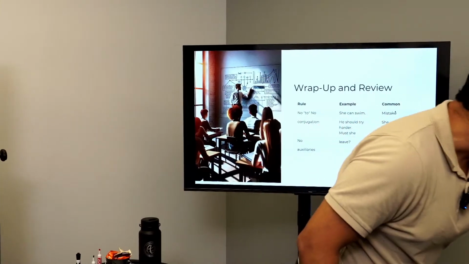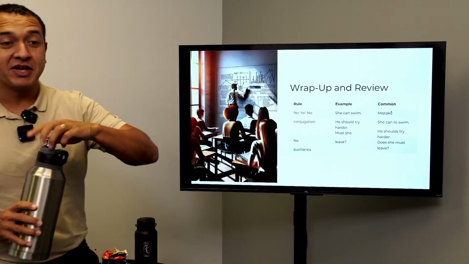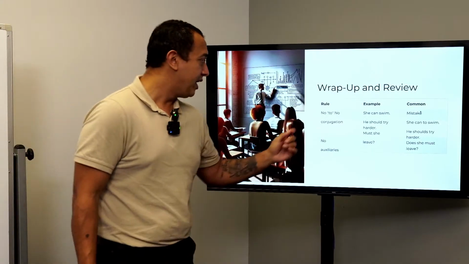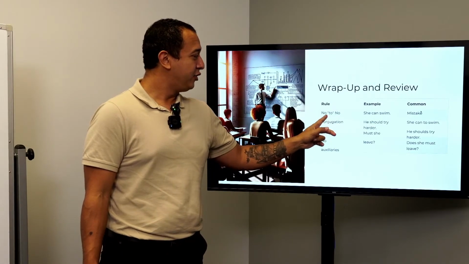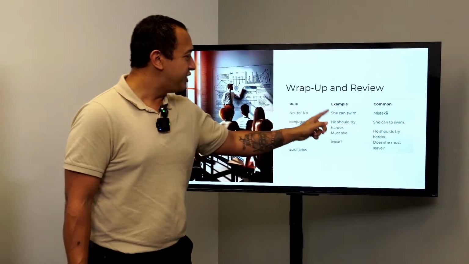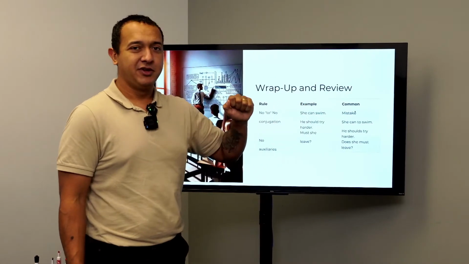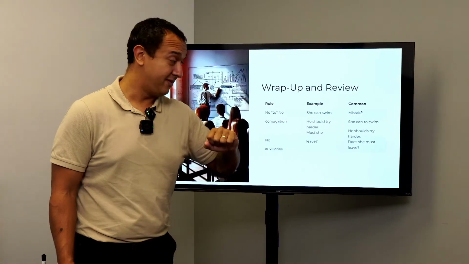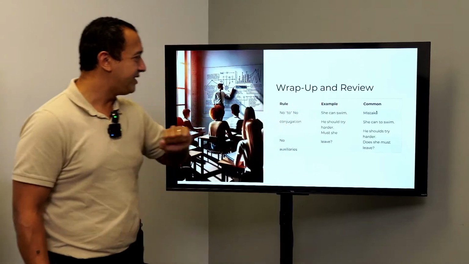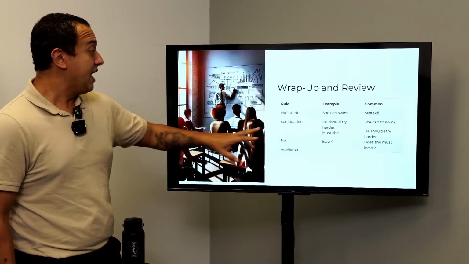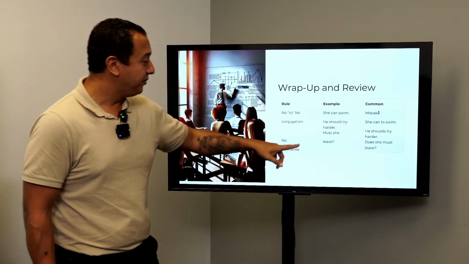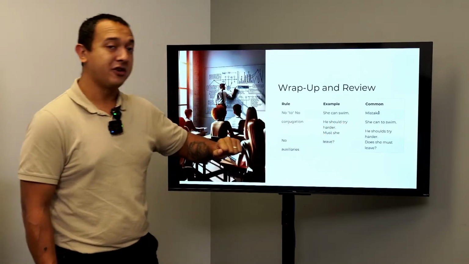And we're going to wrap up the live stream right here because I believe you guys learned the 3 nevers. Let's review. Never number 1, don't use to. For example, she can swim, not she can to swim, all right? Like this, she can to swim. That's not good. Don't use the conjugation, okay? For example, he should try harder.